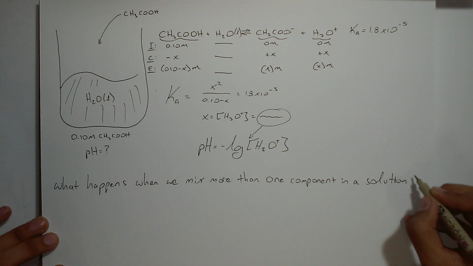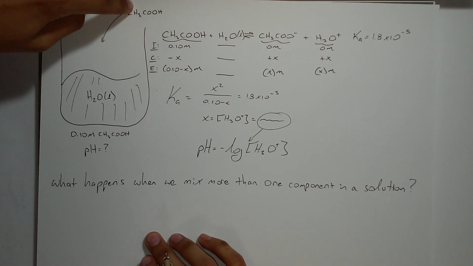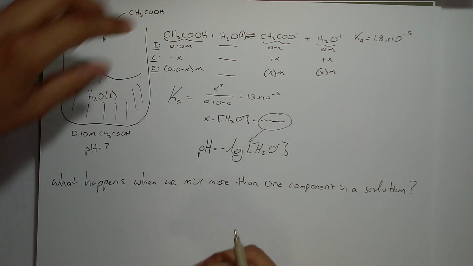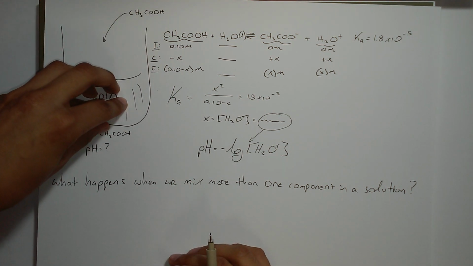Just to show you what this means, here there's only one component inside of the solution. This is really just the acetic acid, because the acetic acid is what you're throwing inside of the water.